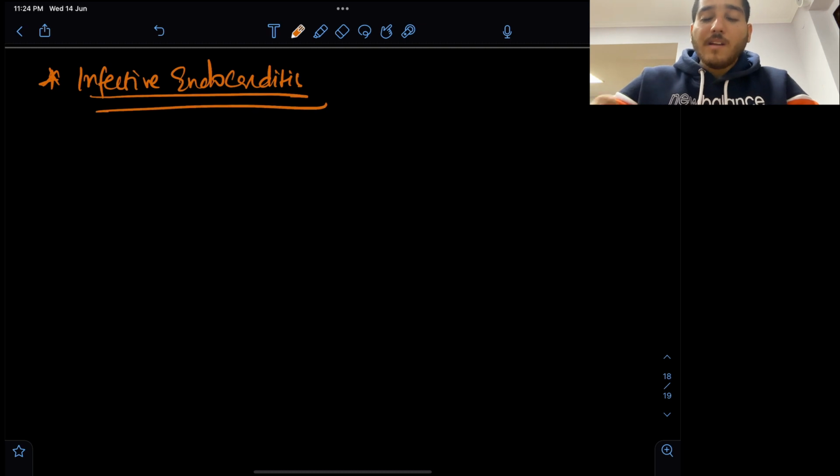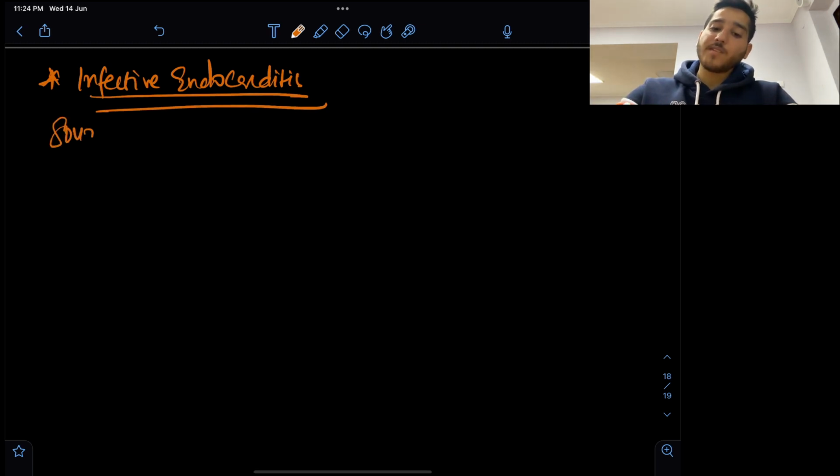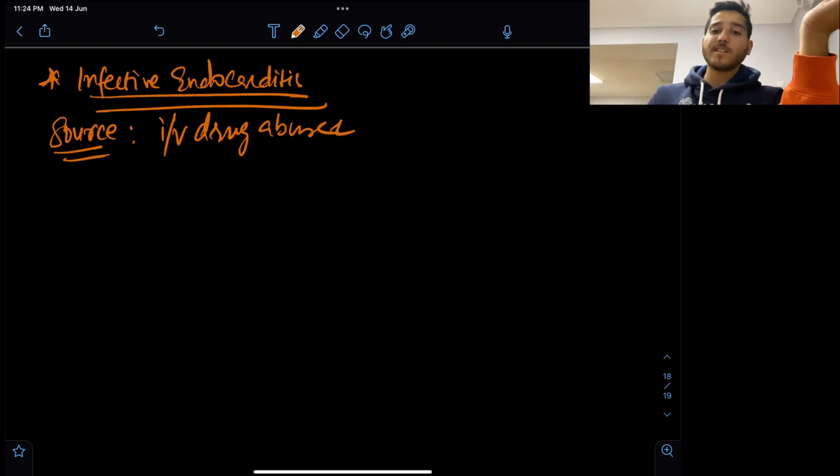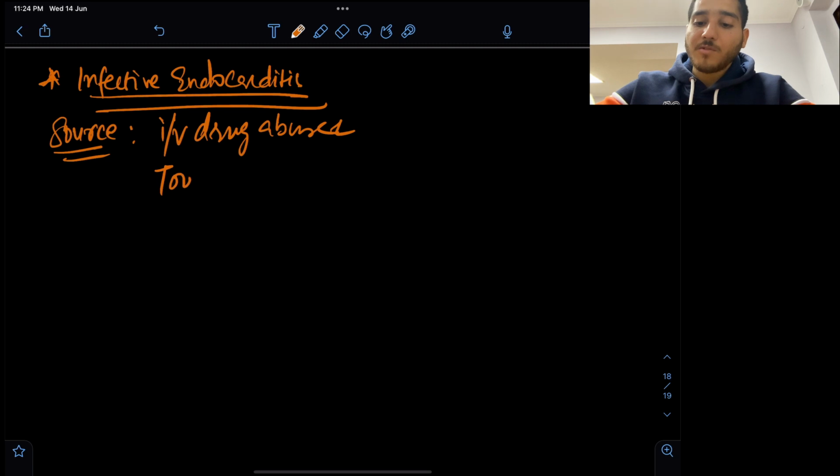In infective endocarditis questions, firstly they will give you the source of infection. Usually the patient can be an IV drug abuser. In IV drug abusers, whenever they inject, there's an increased risk for bacteria to go into the bloodstream. There can be some history of tooth extraction or some surgical procedure.